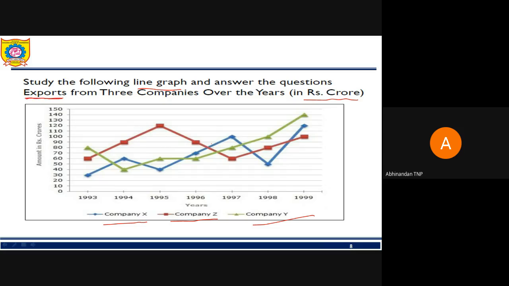Irrespective of the years 93, 94, 95, 96, 97, 98 and 99, they have different exports. Every year we have different exports. So you have to find out the answer. The questions are given below, right? So just you have to observe this. So let us go for the first question.